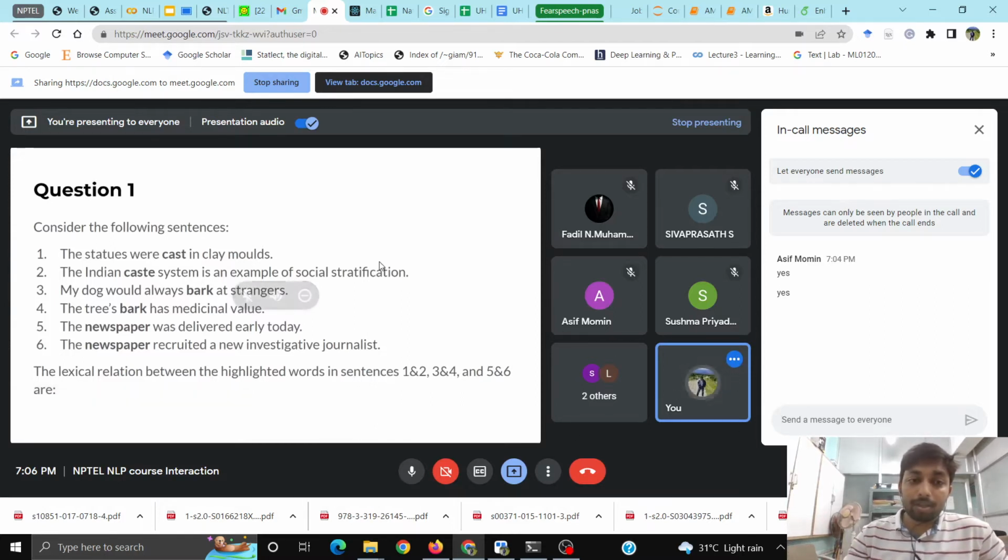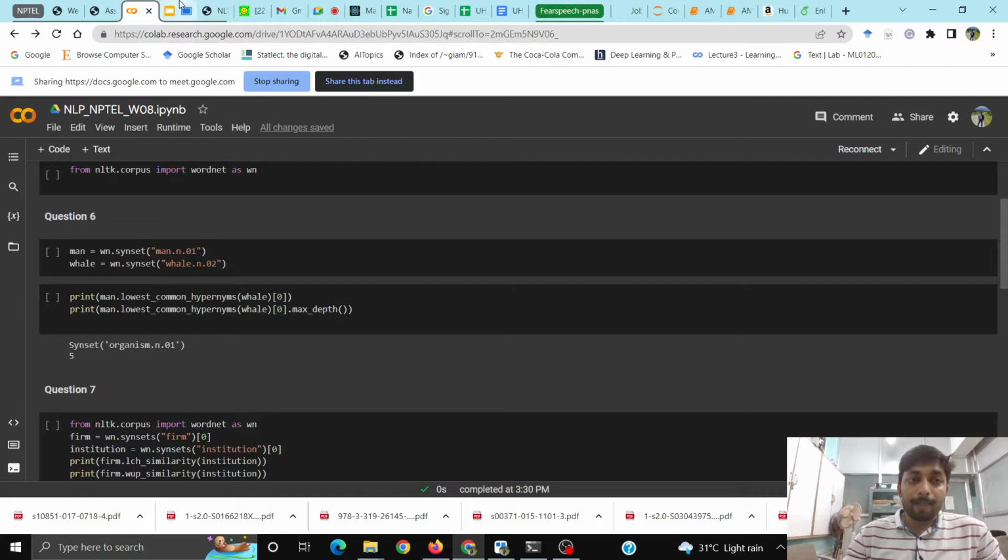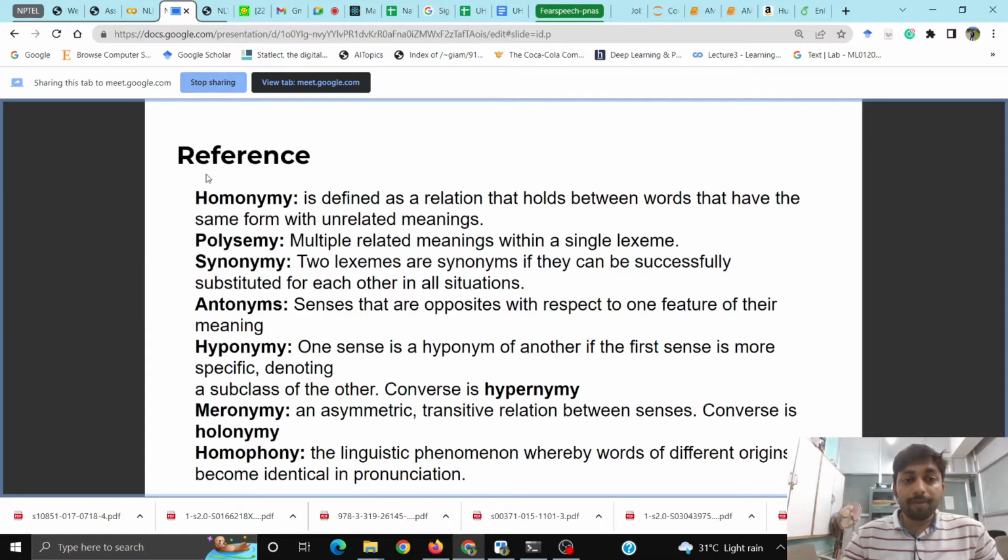Can anyone tell what is the lexical relation between these two? Let us go back to the reference. Do you see any of them which links CASTE and CAST? Out of these different references, can you see which one actually defines the lexical relation between these two words?